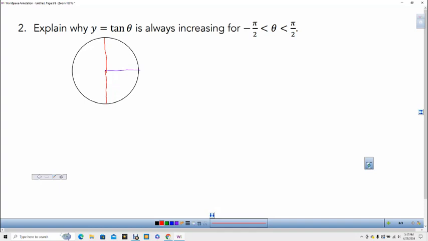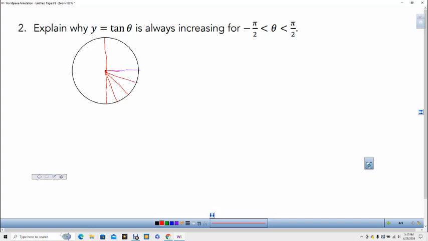Now, what do you notice happens to all the tangent lines or all the terminal rays for this angle? Well, right here it's really, really negative. This is literally a negative undefined slope. And then right here it's still really negative, less negative, less negative.